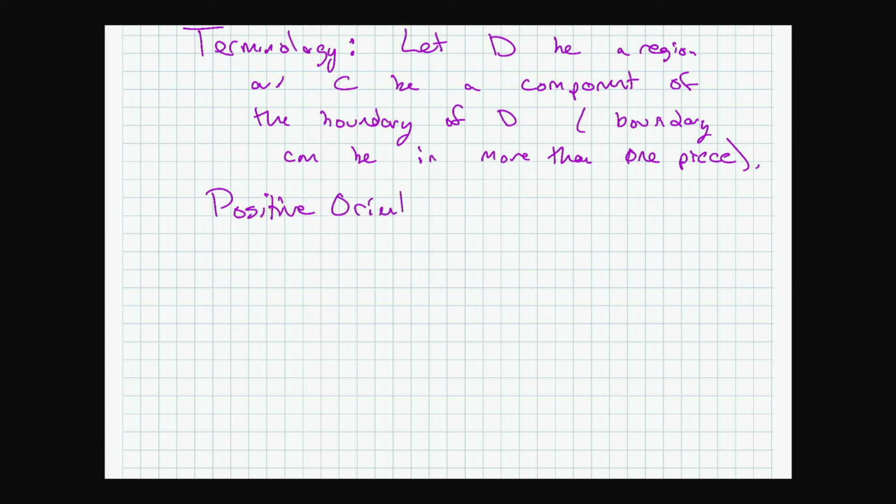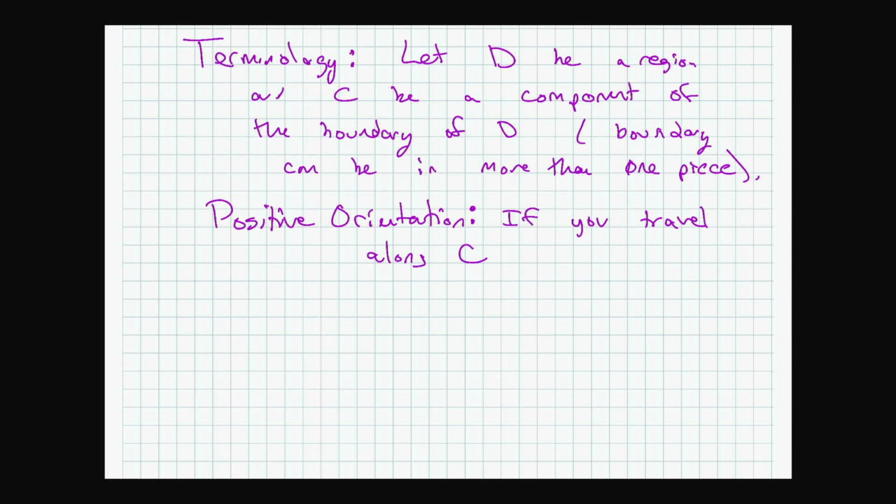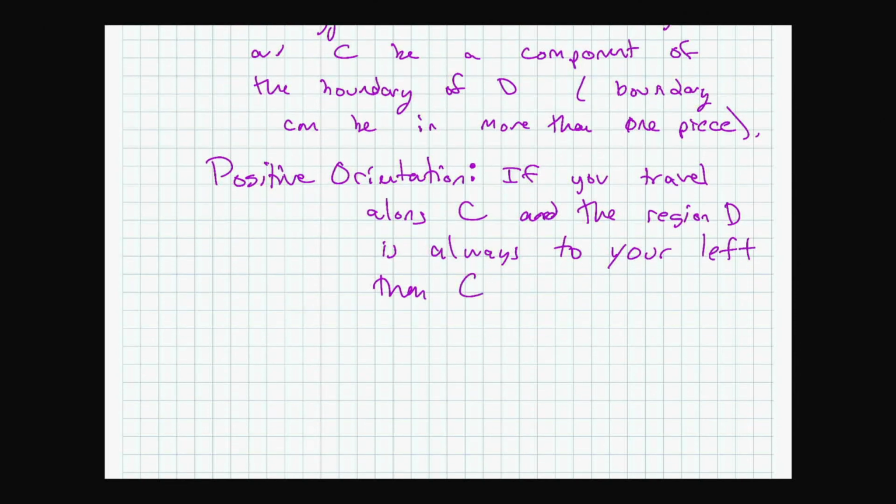So if you travel along C and the region is always to your left, then C is positively oriented.